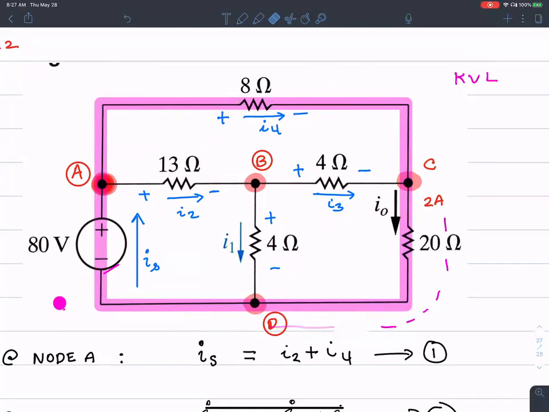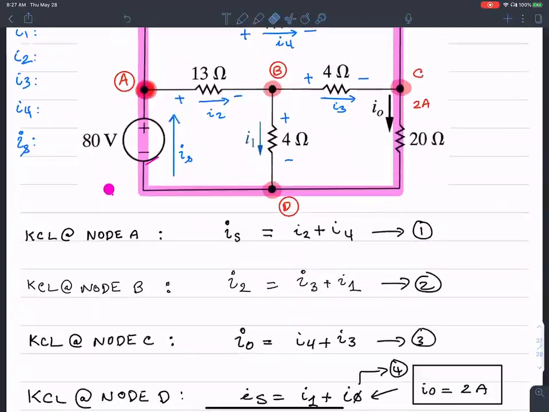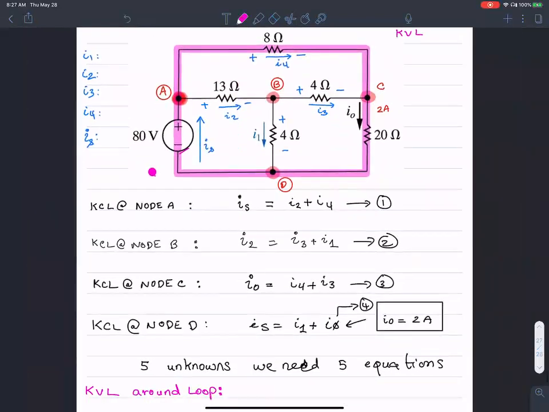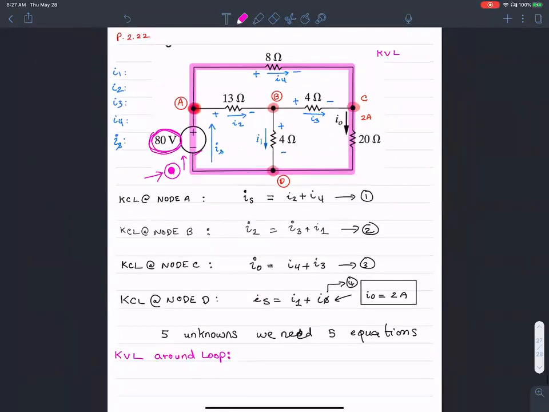I'm going to show you the application of KVL here. We begin at the lower left corner right here and follow. We are looking for voltage sources. There is a voltage source here, but it's going from negative to positive in our direction.